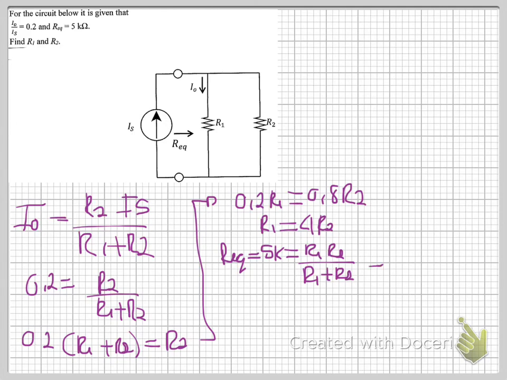So this is equal to, now, because your R1 is equal to 4 R2, you got 4 R2 squared over 5 R2. So then you're just going to substitute this into a calculator. 5K is equal to 4 R2 over 5.